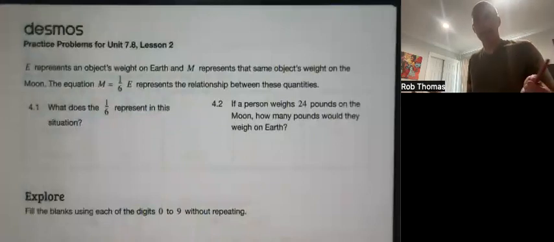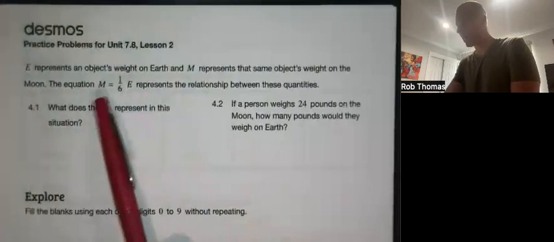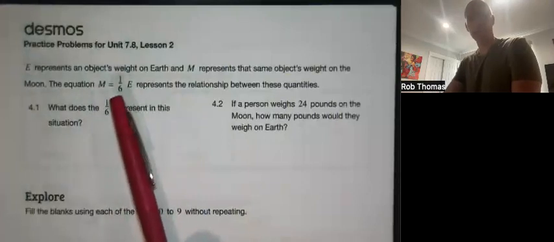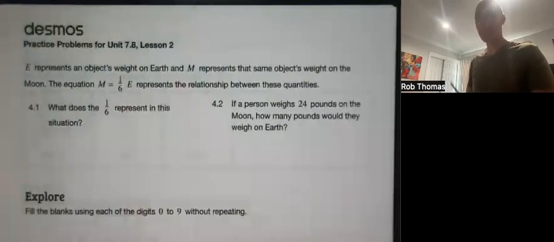Well, it's kind of like a constant of proportionality, right? If you think of this as y equals kx, the k in this case is the 1/6, but you could write something about that.